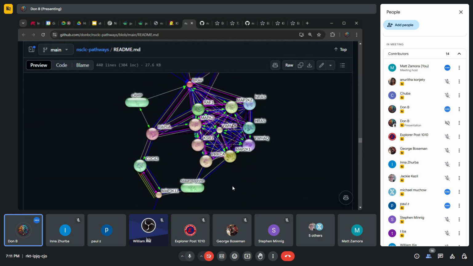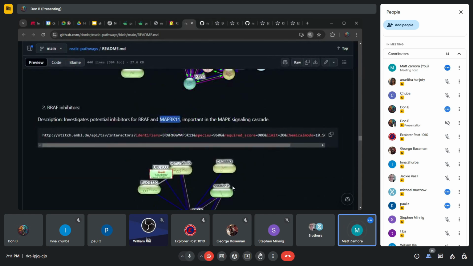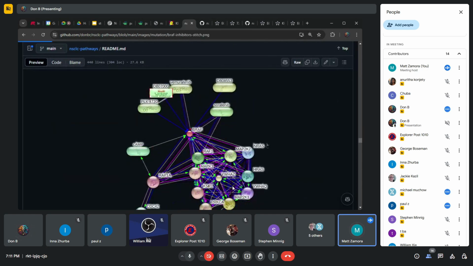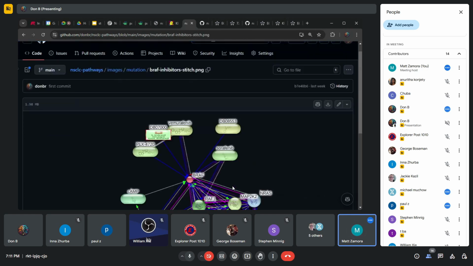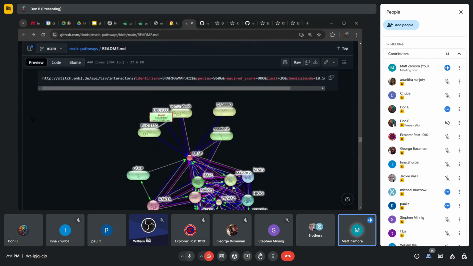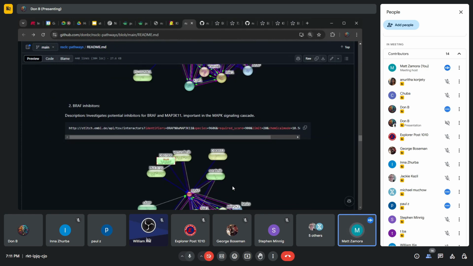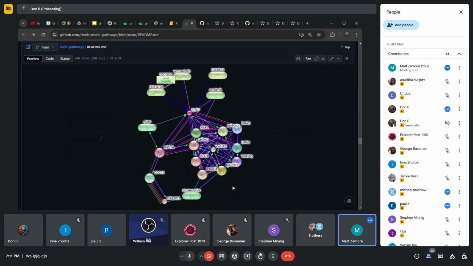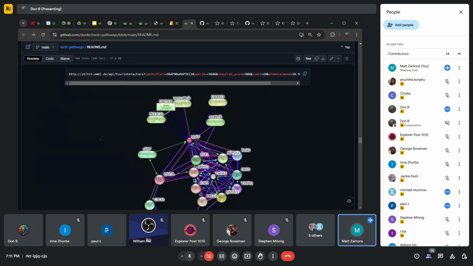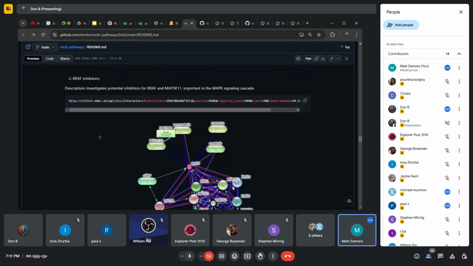So let's slow down on this one. If you could go up to the heading. You bet. Just so we can, for the folks on the call, explain conceptually the thought process and the approach: you were trying to go after BRAF, and then you brought in this prior knowledge that MAP3K11 is upstream of it, or has effects that might be upstream of it. So your fundamental query was, give me the network of the relationship between the thing I'm after, this thing that I know is slightly related, and then show me the network of other interrelated concepts, whether compounds or protein interactions.